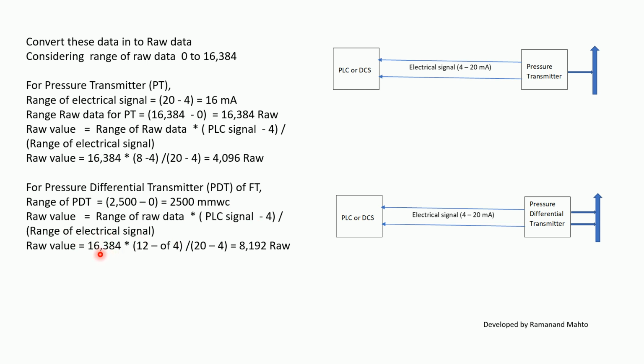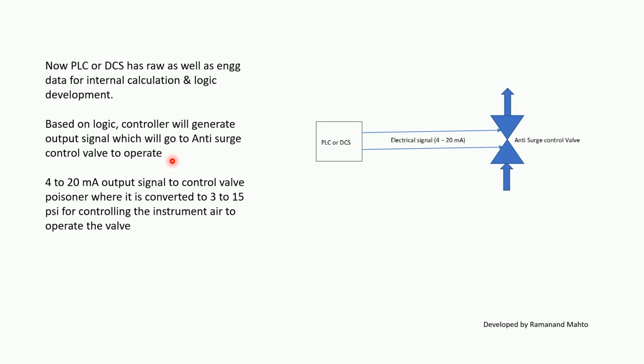That means 16384 into 12 minus 4 upon 20 minus 4, which comes to 8192 raw. Now the PLC and DCS have raw data as well as engineering data for internal calculation and logic development.